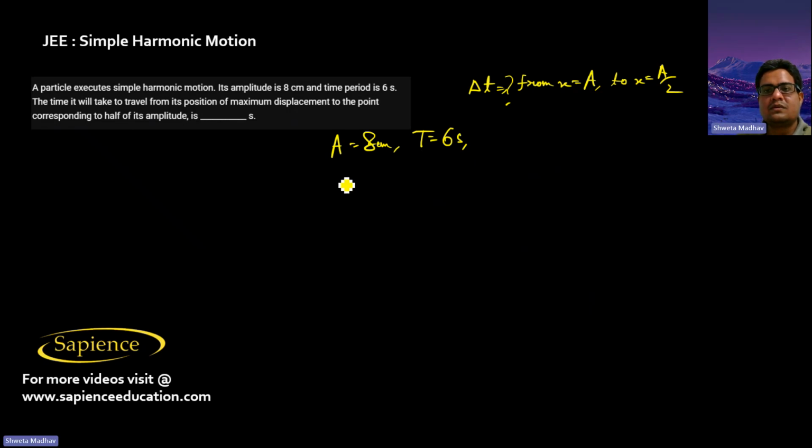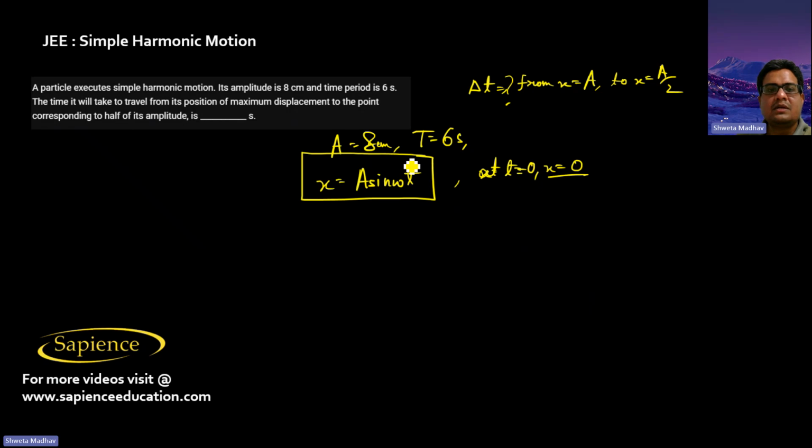So therefore, you can say x is equal to a sine omega t, which is the equation of motion of the SHM. If we assume that at t equal to 0, x was equal to 0 only, means initially it was at the mean position.